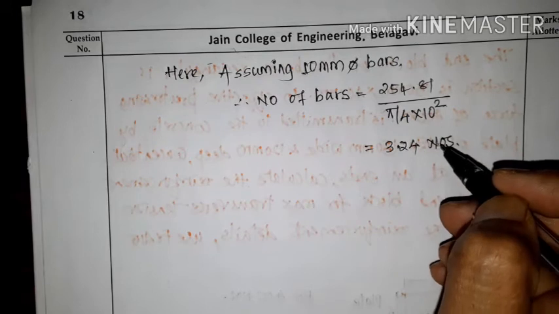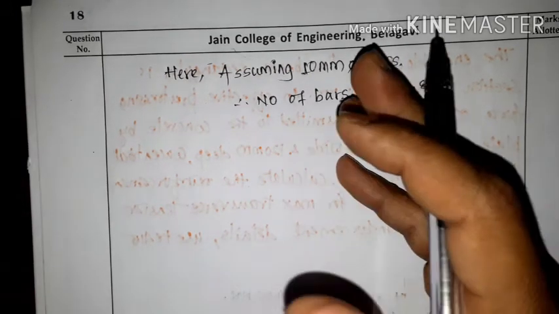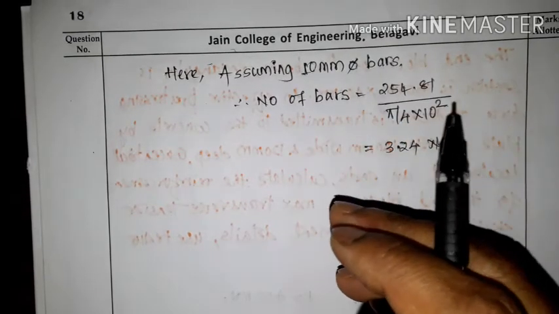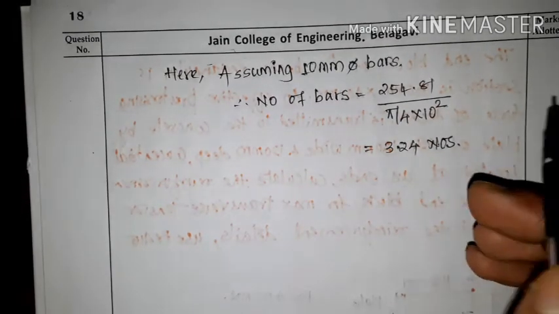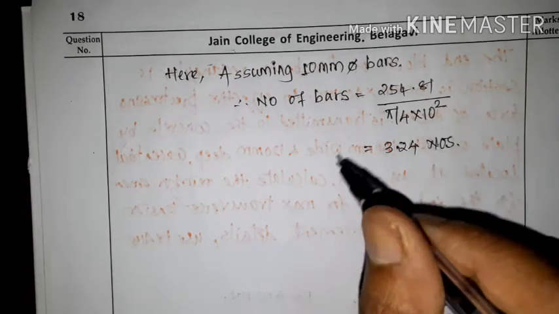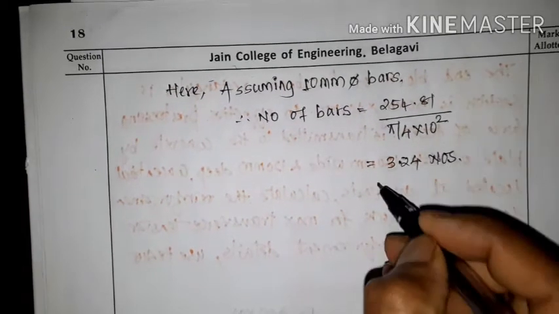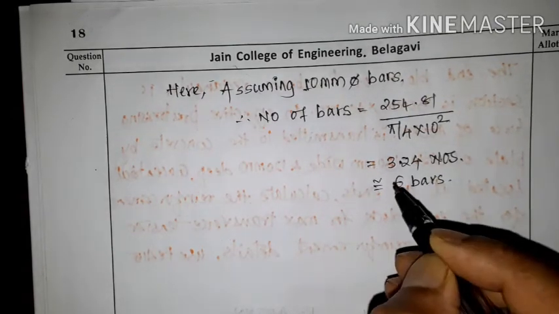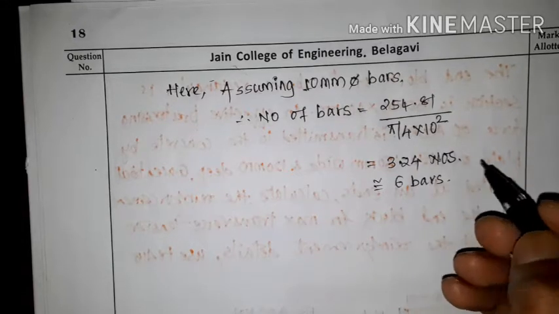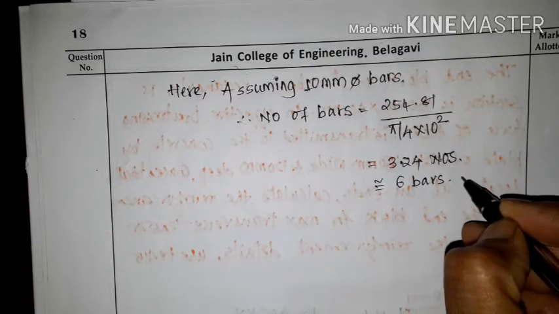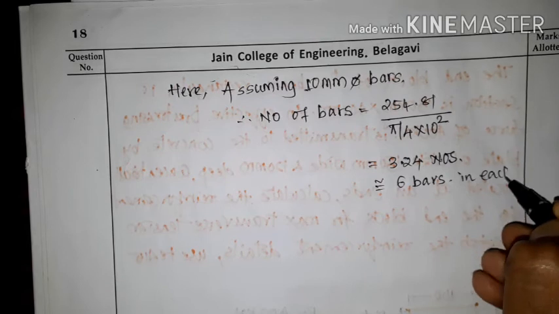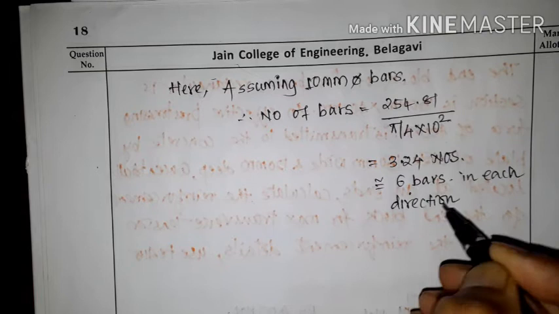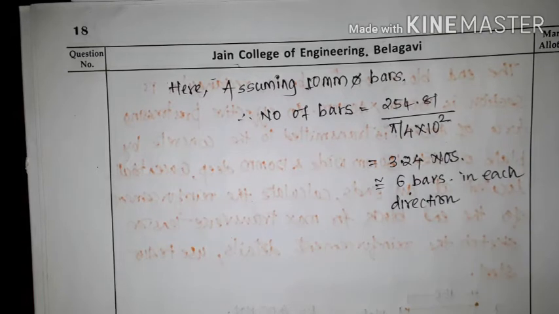But I told you it should be the addition of 3, 6 and 9, so we'll say 6 bars in each direction, perpendicular to each other.